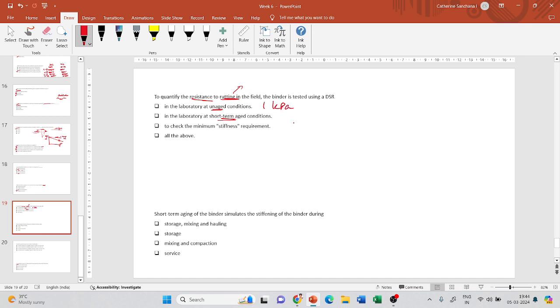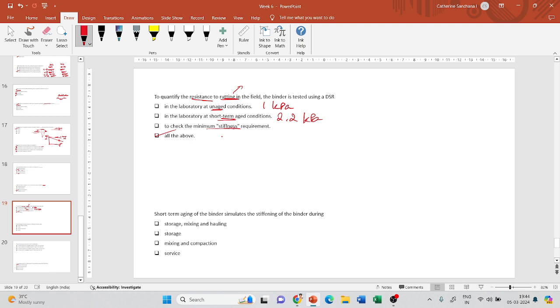The criteria was G star by sin delta should be a minimum of 1 kPa, and for short-term aged, G star by sin delta should be a minimum of 2.2 kPa. In both the cases you are checking the minimum stiffness required. So the answer to this is all the above. It is tested using a dynamic shear rheometer in the laboratory at unaged conditions, at short-term aged conditions, and also to check the minimum stiffness requirement.